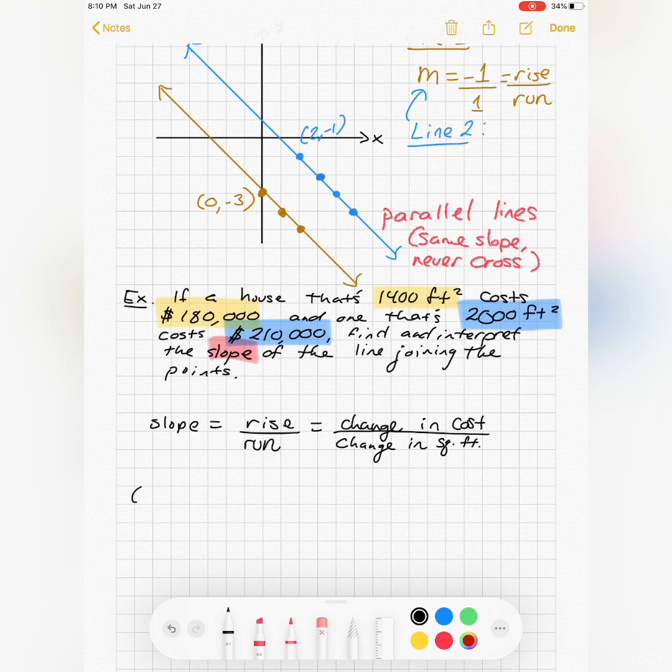So my yellow point there is (1,400, 180,000). My blue point is (2,000, 210,000).